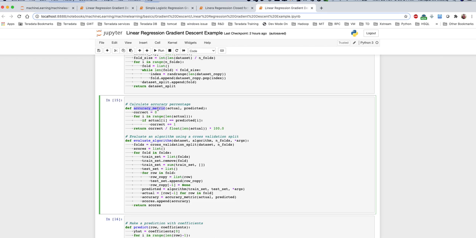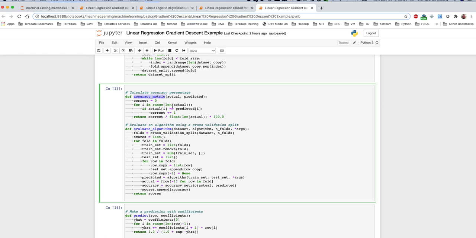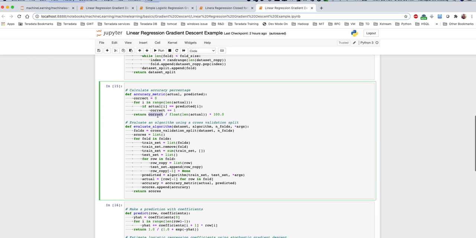Since we have multiple dimensions, more than 2 or 3, it's difficult to draw a graph, so we measure accuracy. Based on accuracy, we will know how far the prediction is perfect. It will compare the actual and predicted output and calculate the accuracy.